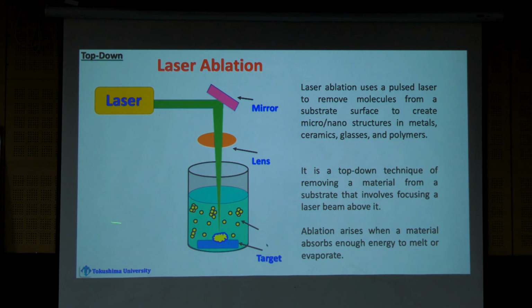In that case, you put the laser horizontally. So one is to irradiate in the horizontal direction, and another is to change the direction of the laser and make it vertical.